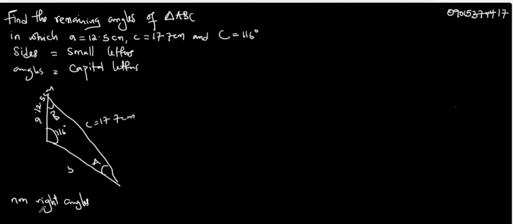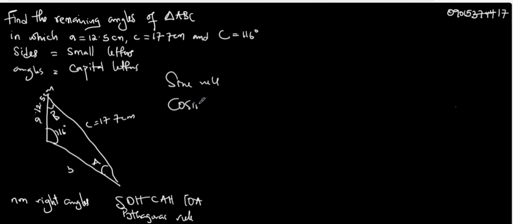Because to find the angles of a right angle triangle, of course, you use SOHCAHTOA, while to find the sides of a right angle triangle, you use Pythagoras rule. Now, for a non-right angle triangle, you either use sine rule or you use cosine rule.